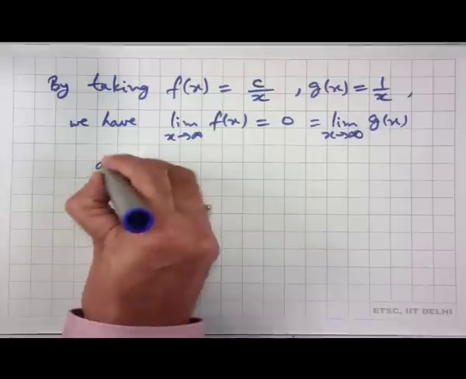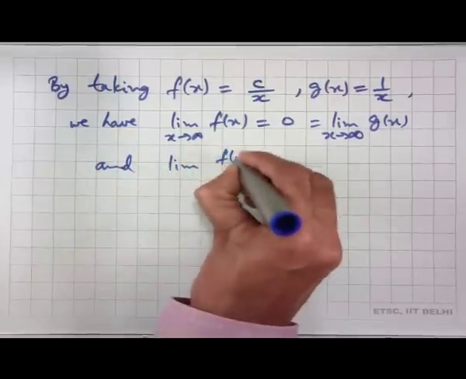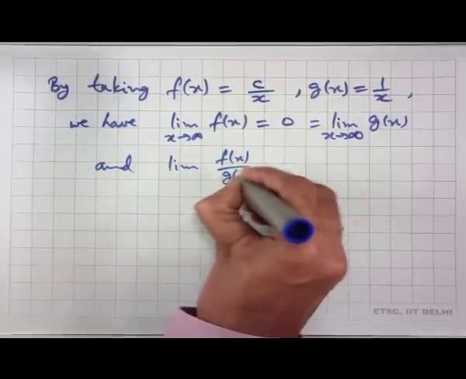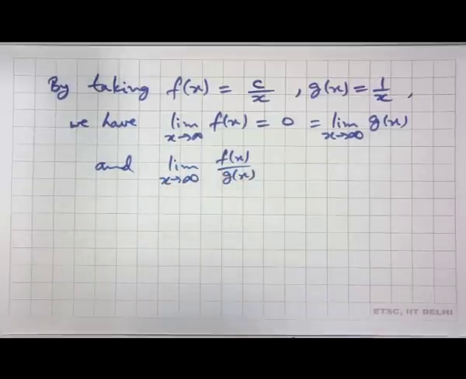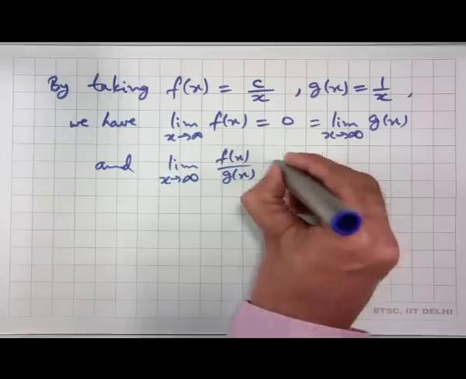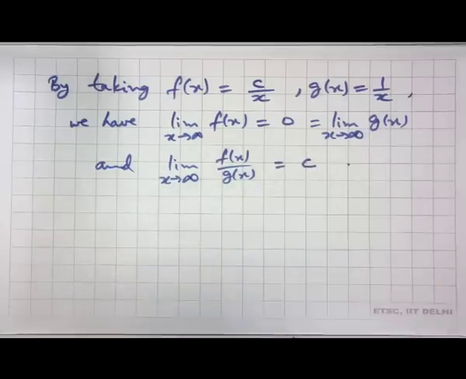You see that f x by g of x in this case is the constant c, so the limit is equal to c. Again, this gives an indeterminate form if the limits of f x and g x are both 0.